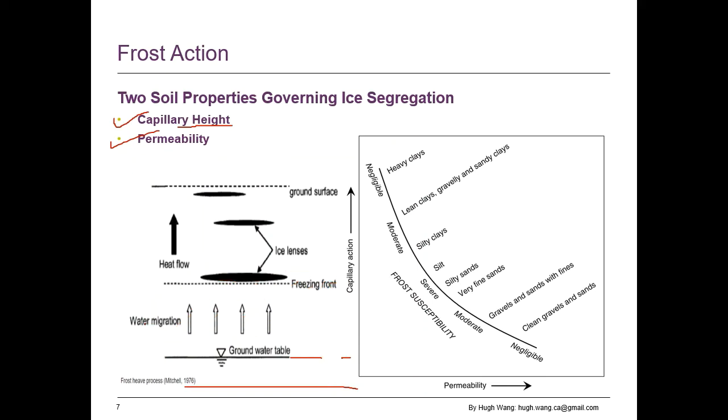The second factor is permeability. For the soil between the freezing front and the groundwater table, if the permeability is high, then it takes less time for the water to migrate from the groundwater table to the freezing front.